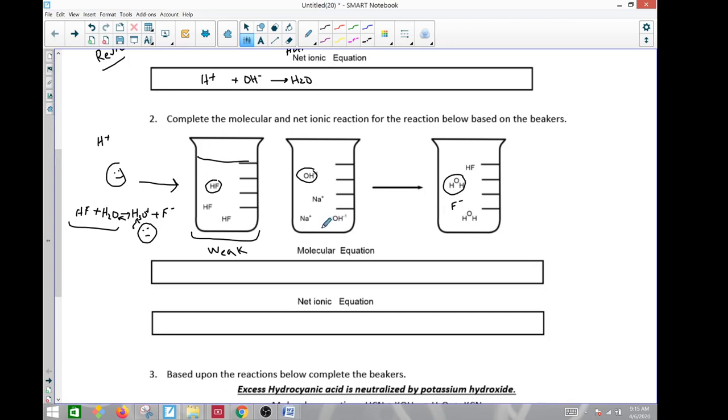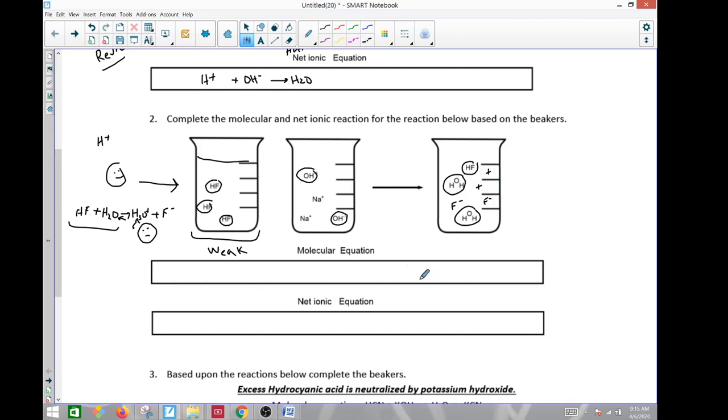Well, it looks like this guy here grabbed onto this guy here and formed a water molecule and an F negative. I should probably include those in there. And then we have HF. Nothing left to grab onto, and here it is. And of course, we have our two spectator cations. All right. There we go.